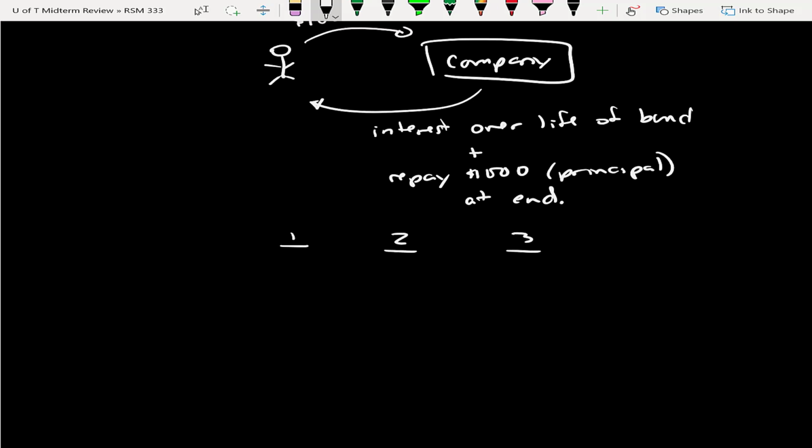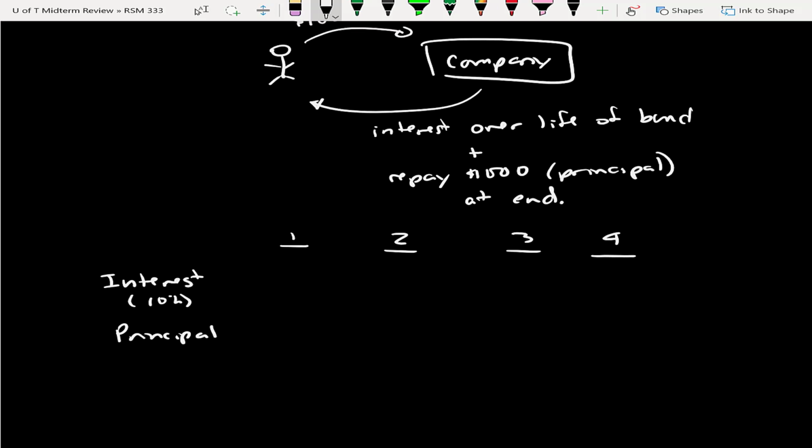Okay, so let's do how the structure of the bond works. If I do a 4-year bond, and let's suppose you have $1,000, and I'm going to say the interest is 10% to keep the math simple, and the principal is the $1,000.